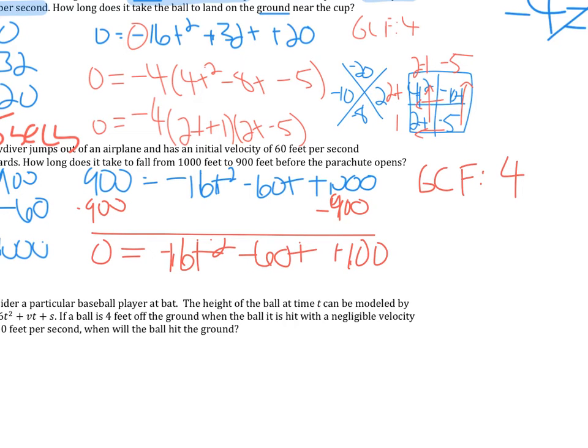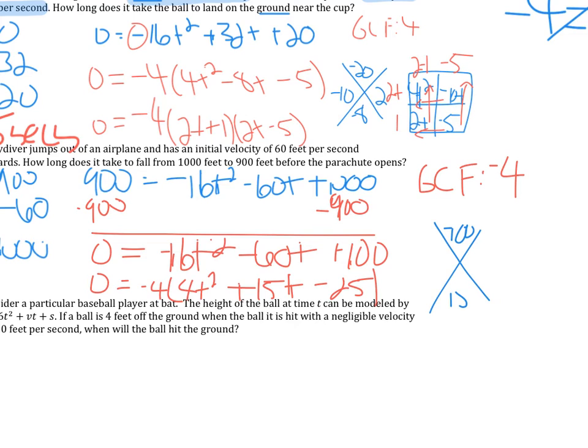And then like last time, since we have a -16, we're going to pull out that -4. So then that gives us a positive 4t squared, a positive 15t, and then a negative 25. So then let's factor. So I get negative 100 when I go 4 times 25.